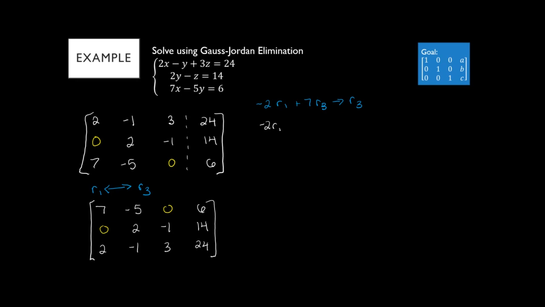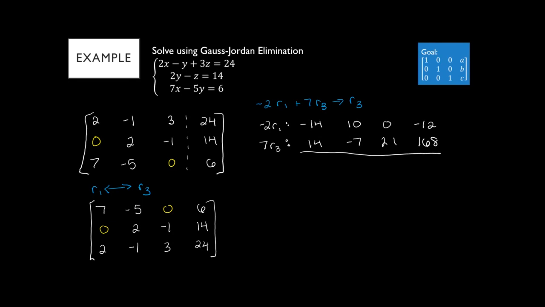So negative 2 times row 1 would give me negative 14, 10, 0, negative 12. And then 7 times row 3 would be 14, negative 7. 7 times 3 is 21. And I definitely needed my calculator for 24 times 7. That's 168.